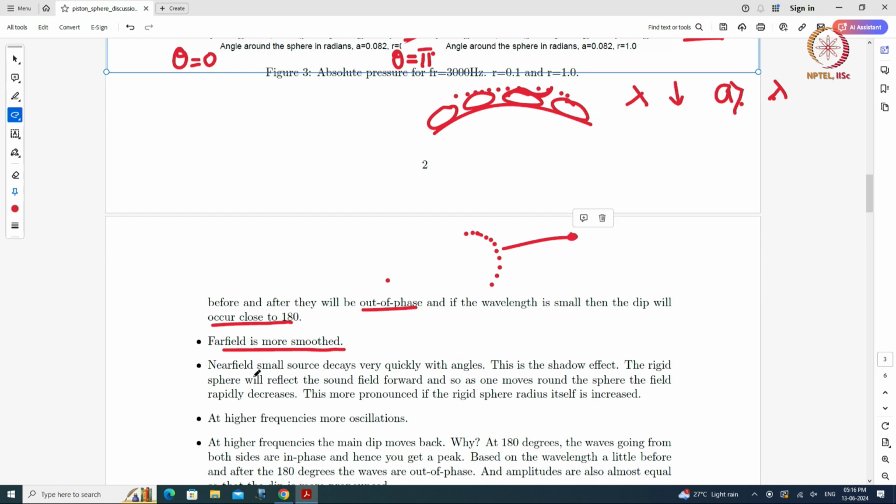And the near field of a small source decays very quickly with angle, there is a shadow effect. The rigid sphere will reflect the sound field forward, and so as one moves around the sphere the field rapidly decreases. This is more pronounced if the rigid sphere radius itself is increased, we will see this case. And at higher frequencies there will be more oscillations in the sound field.